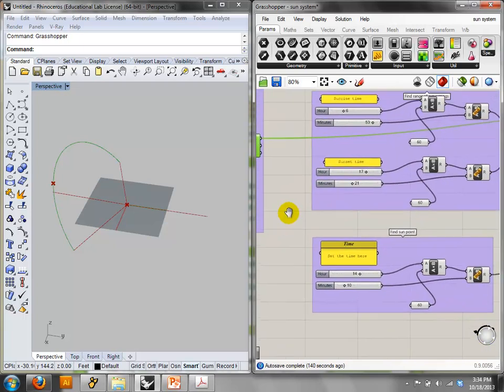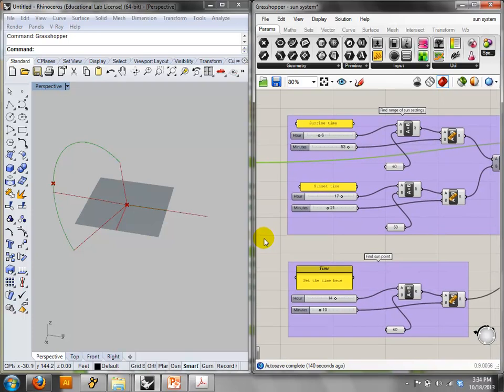So one thing I did was look at the number of minutes in a day. I take the length of the day, sunset minus sunrise, times 60, because there are 60 minutes in an hour. Then I looked at the time I was interested in. In this case, it's 1410, so 2:10.